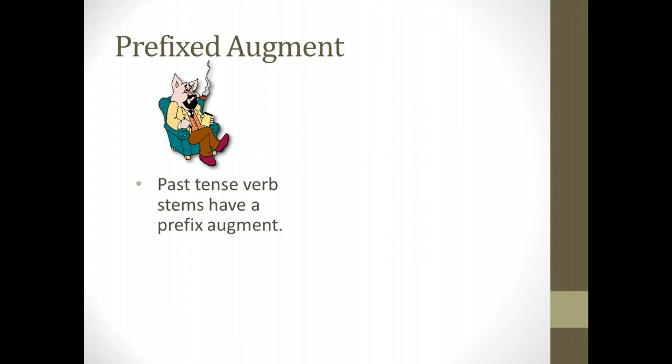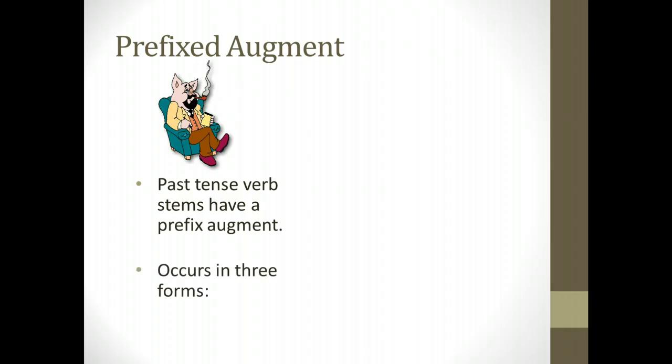Now, the past tense verbs in Greek will always have some kind of an augment. You're learning the first verb tense today, the imperfect, that takes an augment. And so that's why you're now learning Mr. P. Hogman today.